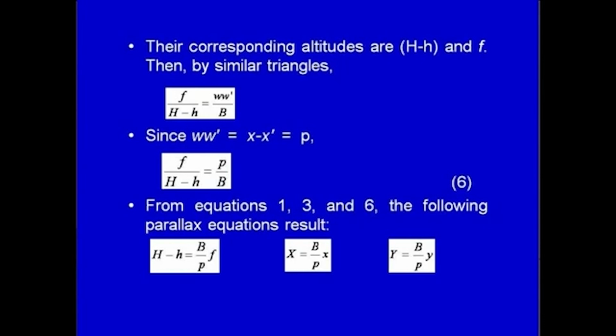So, from these equations we can write the parallax equations as: capital H minus small h is equal to b divided by small p multiplied by f, and the ground coordinate capital X is equal to b divided by small p multiplied by the photographic coordinate x, and capital Y is equal to b divided by small p multiplied by the photographic y coordinate.